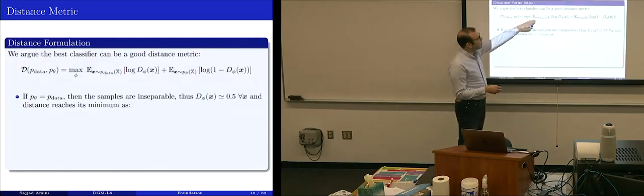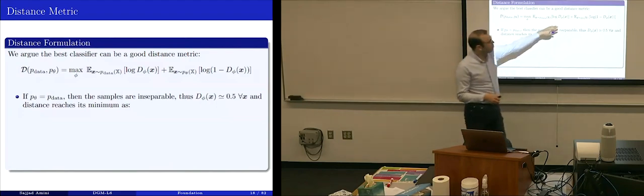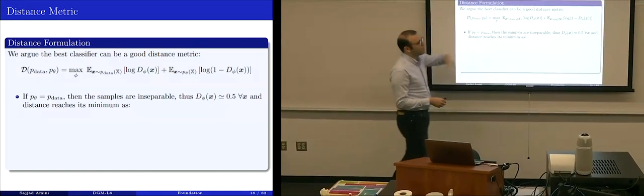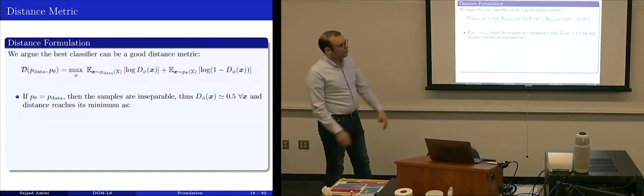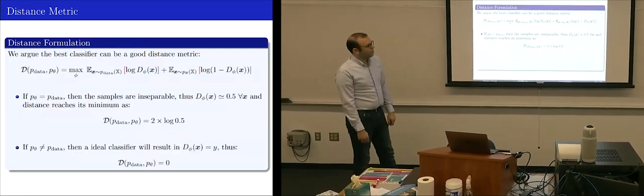If you maximize that likelihood, the likelihood of your labels, it means that you have the best distance metric or the best critic who checks your work and your generation.